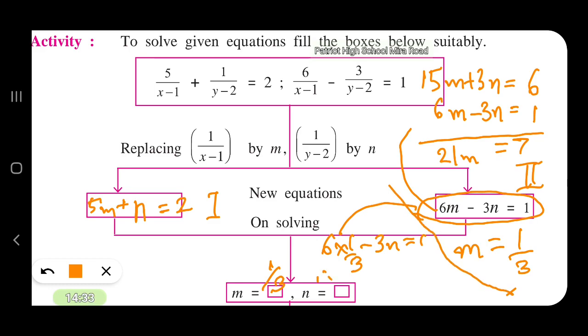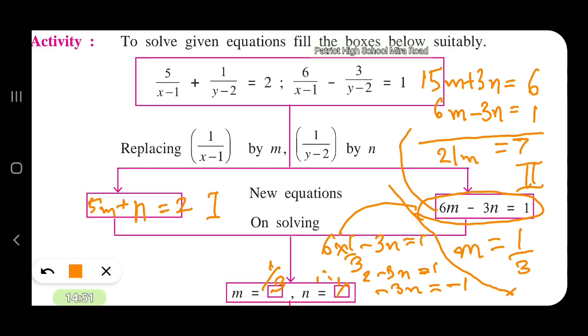Therefore 2 minus 3n is equal to 1, or minus 3n is equal to minus 1, or n is equal to 1 upon 3.